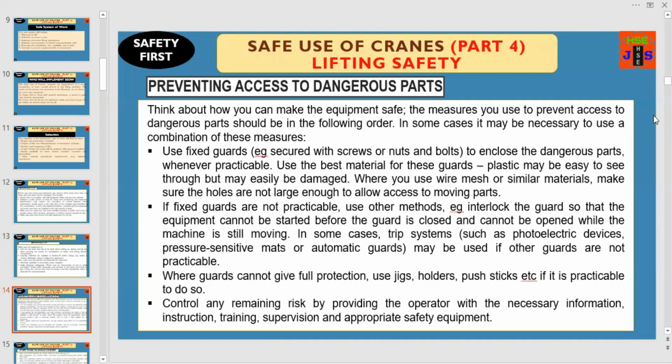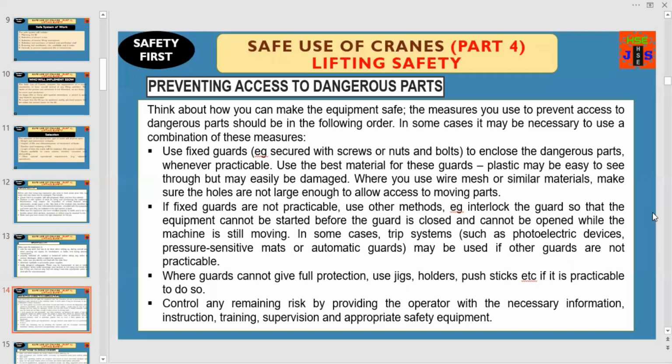Dear friends and fellows, you have to make appropriate arrangements to prevent access to the dangerous parts of the lifting equipment. Think about how you can make the equipment safe. The measures you use to prevent access to dangerous parts should be defined and communicated. In some cases, it may be necessary to use a combination of these measures, which I'm going to discuss now.